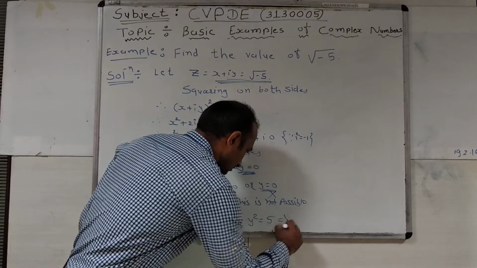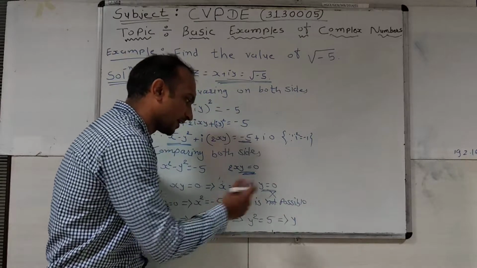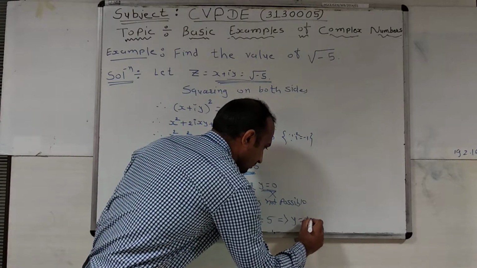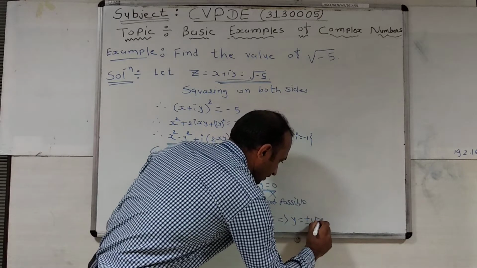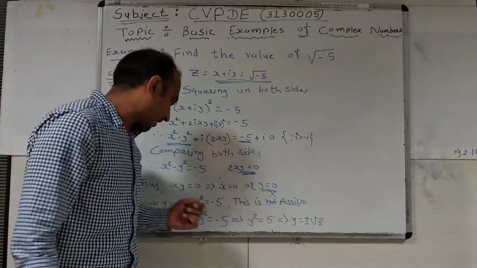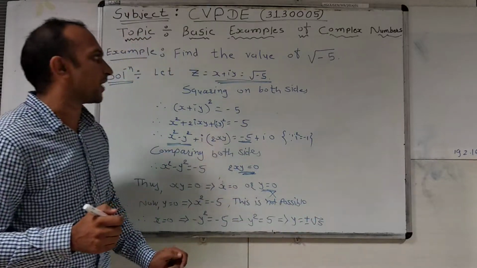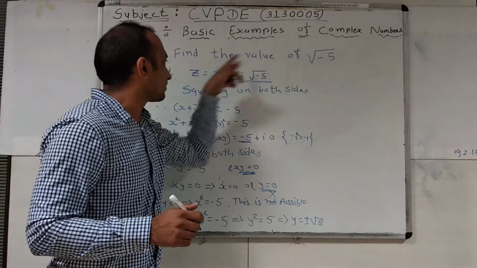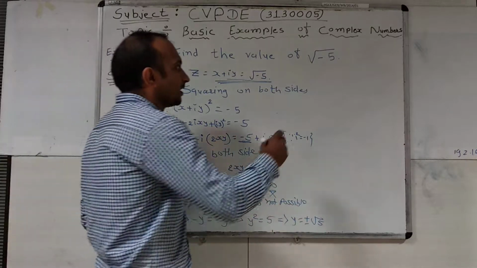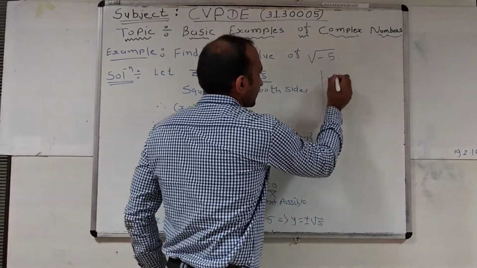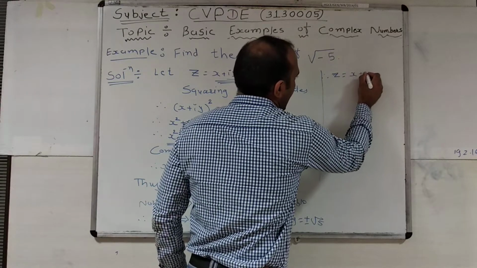That implies y square equal to 5, so y equal to plus or minus square root of 5. So when x equal to 0, y has two values, plus or minus root 5, and z is x plus iy.